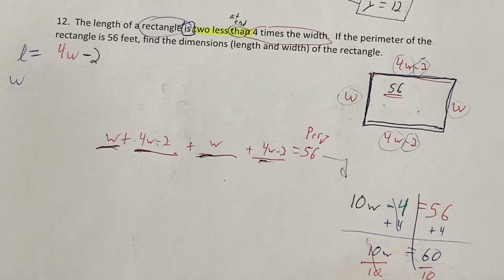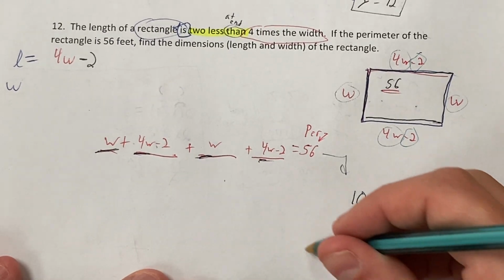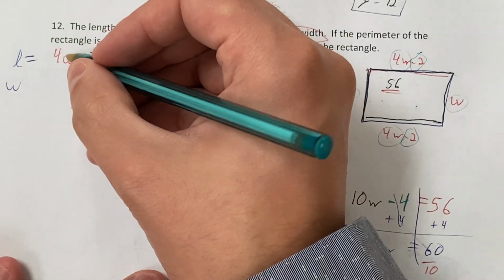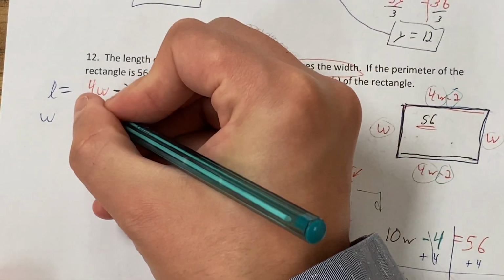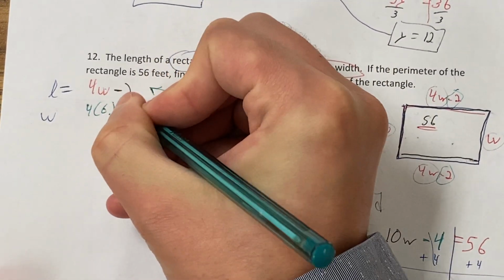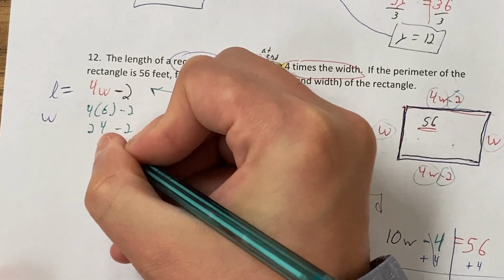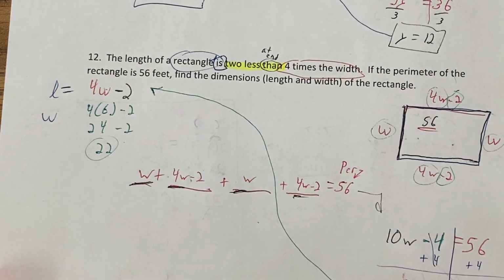And very similar to before, now that we have the width, we can say that the width is 6. So since the width is 6, this will be 4 times 6 minus 2. Which is 24, minus 2, which is 22. So the length is 22.